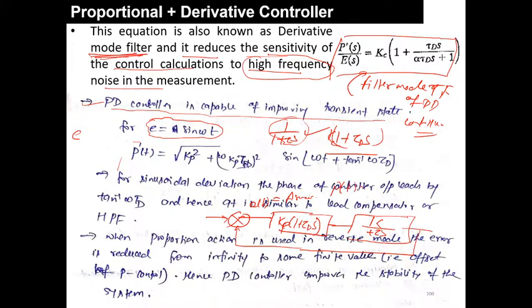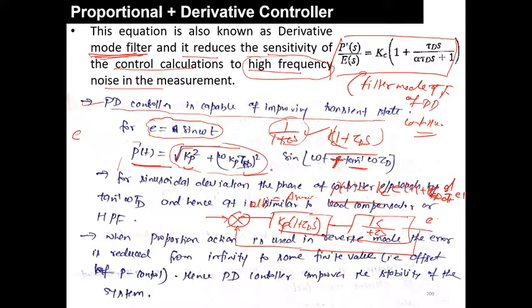p(t) is equal to Kc into e(t) plus Kc tau d into de/dt. If you take e(t) equal to A sin omega t, just put in the value and find p(t). The magnitude will come as Kp root over Kp square plus omega Kp tau d squared, times sin of omega t plus tan inverse of omega tau d. The main point is the plus sign.